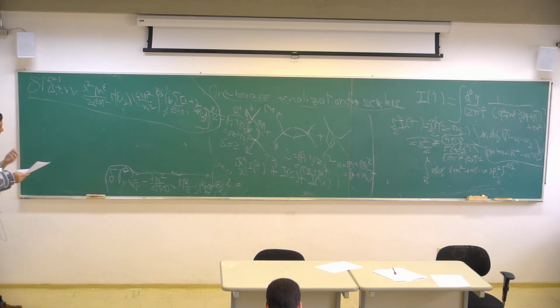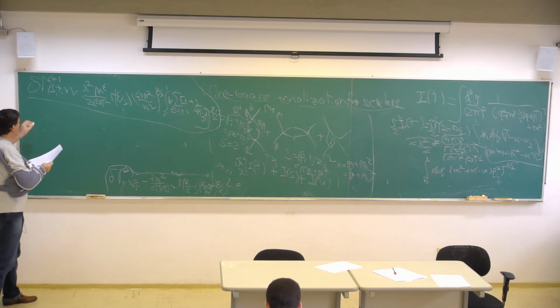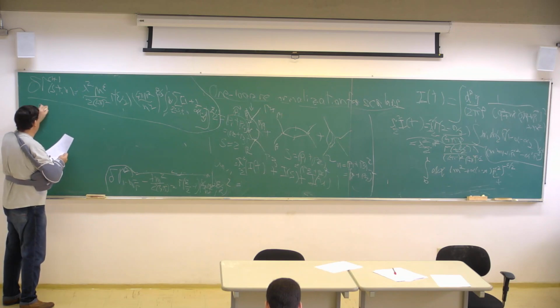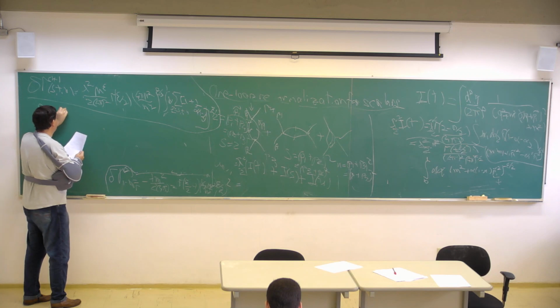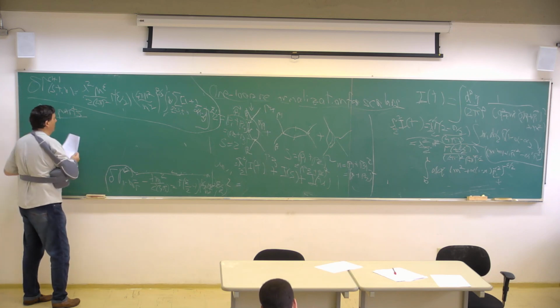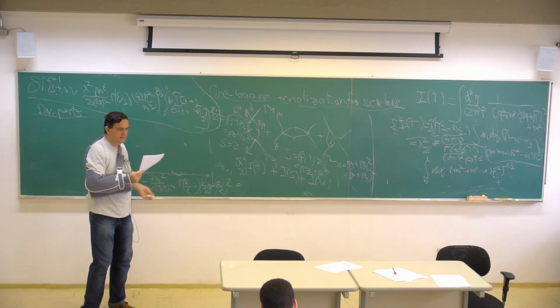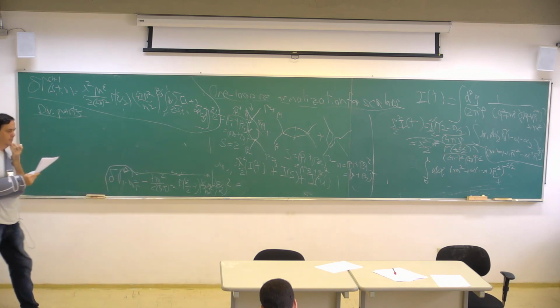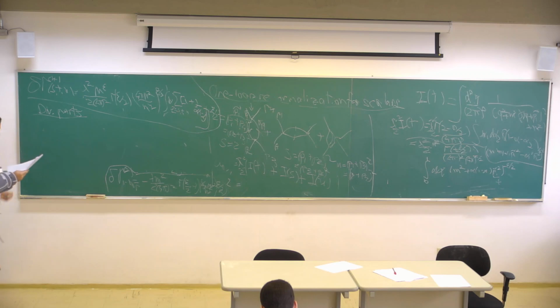All right, so these are the two divergences at one loop in phi 4. But let's extract more precisely the divergent parts, meaning, let's expand this and find what's infinite and what's finite.